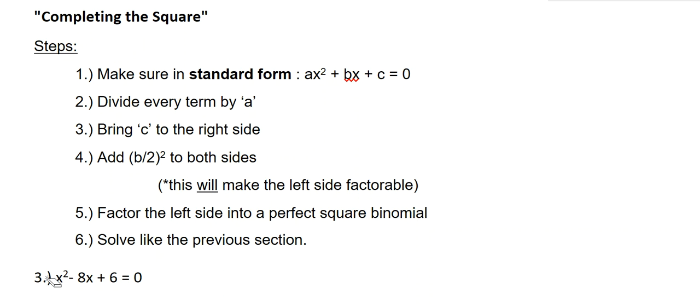And when I do that, I'm going to leave an empty space or a box in its place when I bring it over. Then I'm going to add b over 2 squared to both sides. By doing this, it makes the left side factorable, a PST to be more exact. So you'll factor it, and then you're going to use the square root property to go ahead and finish the problem.